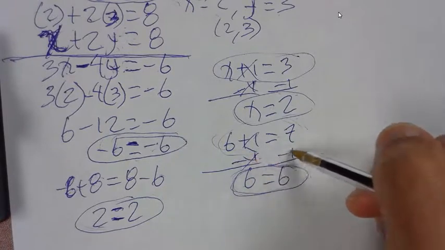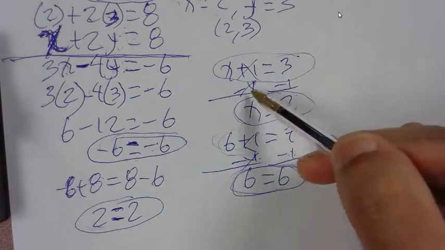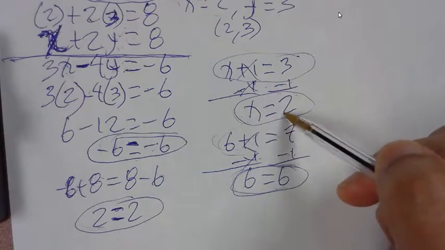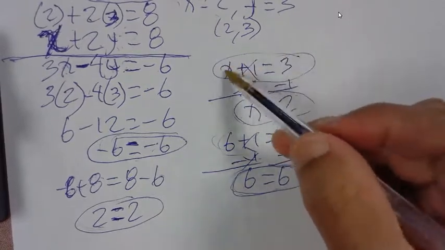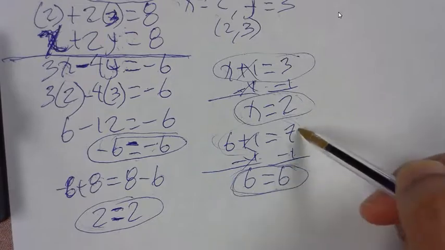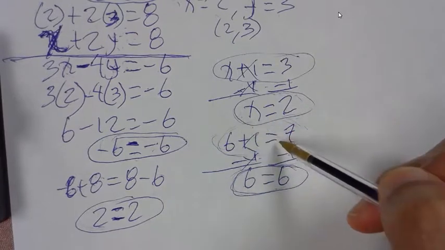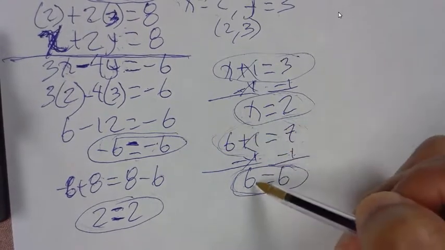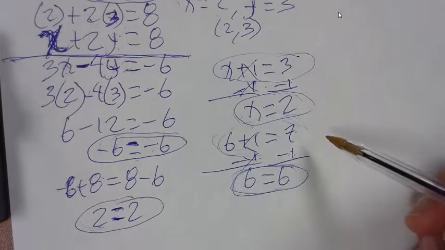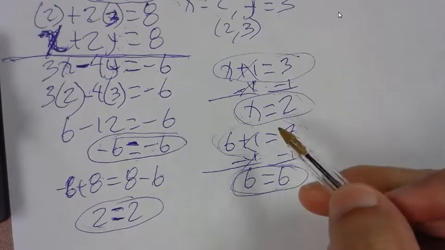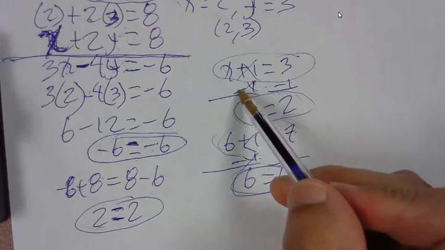That's basically what you did there. That's basically what you did here. You balanced it. You just didn't see it. You can't really see it here. You can see it better here because I can see that 7 equals 7 here and 6 equals 6 here in this equation.